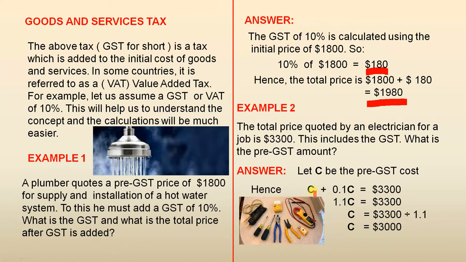So C plus 0.1 of C is 1.1 C, which is $3,300. Divide both sides by 1.1, so C is 3,300 divided by 1.1, so C is $3,000. So the pre-GST amount is $3,000.